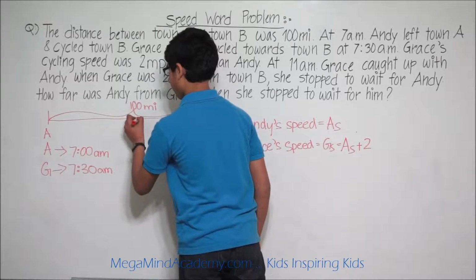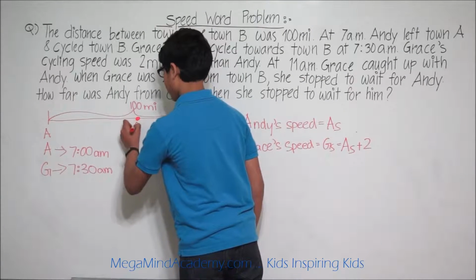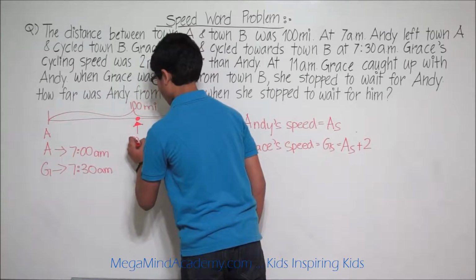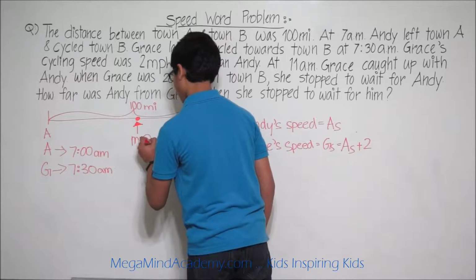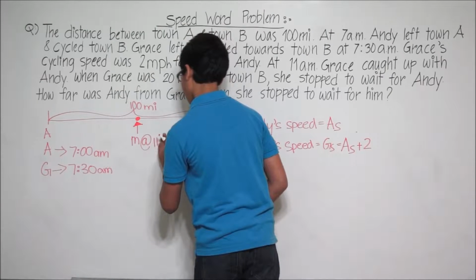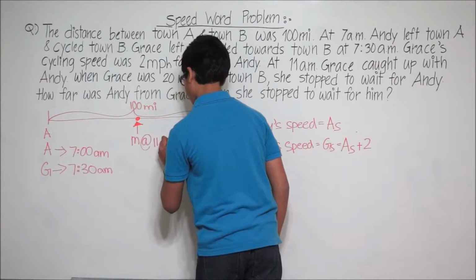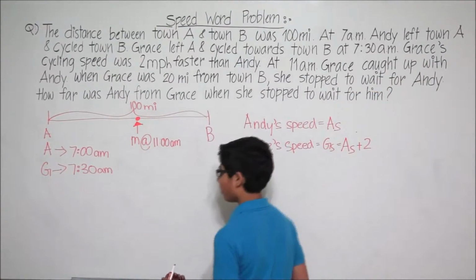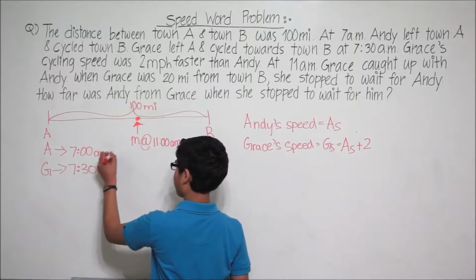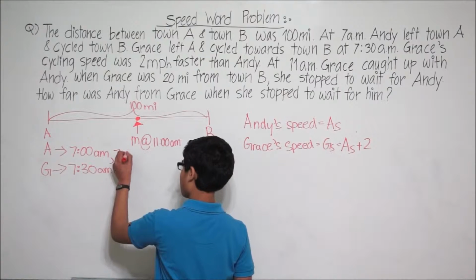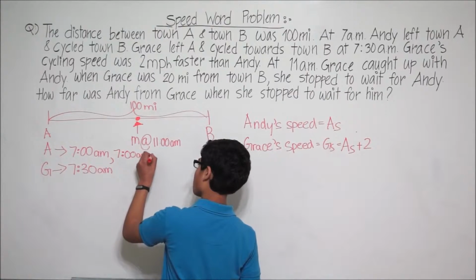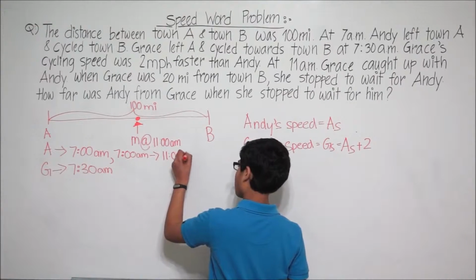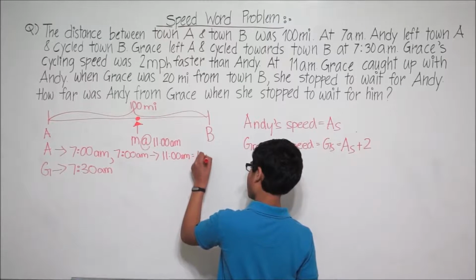So let's say this is where Grace and Andy met, M for met at 11 o'clock a.m. So we know that the time that Andy took from 7 a.m. to 11 a.m. is equal to 4 hours.